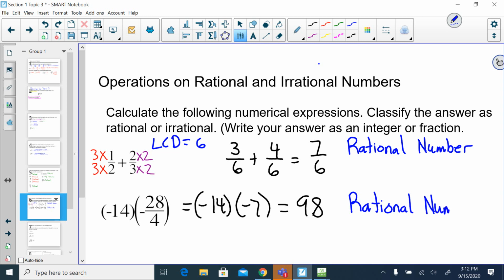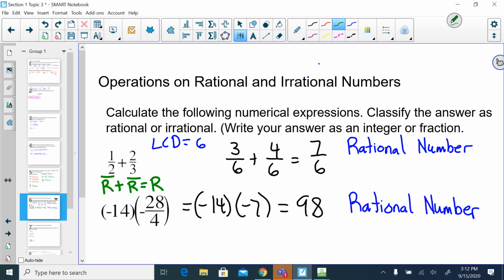Now, let's take a look at what we just did for both of these. For the first question, we had 1/2, which is a rational number, plus 2/3, which is a rational number. So we had two rationals and we added them, and our answer was a rational number as well.